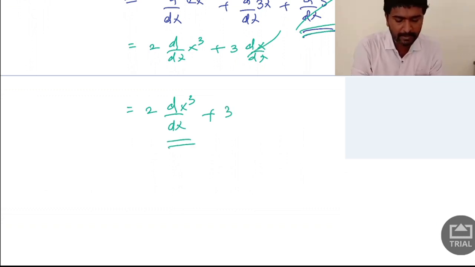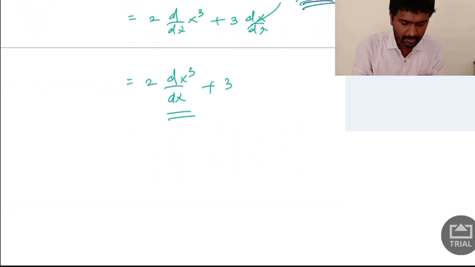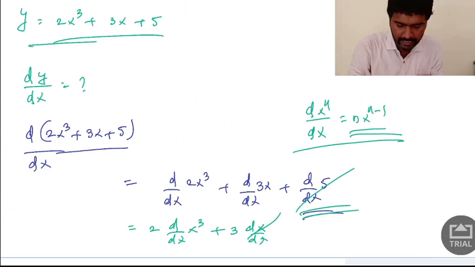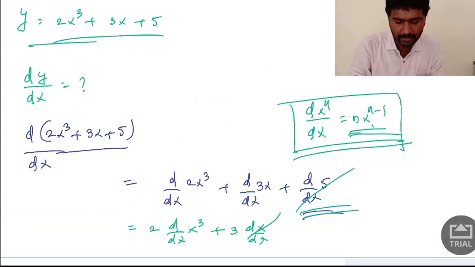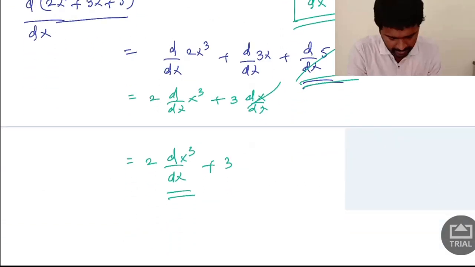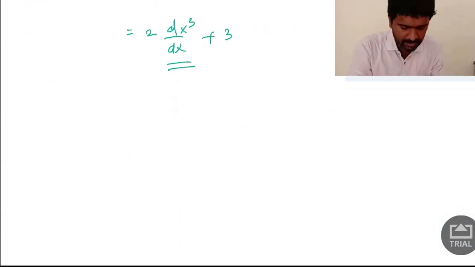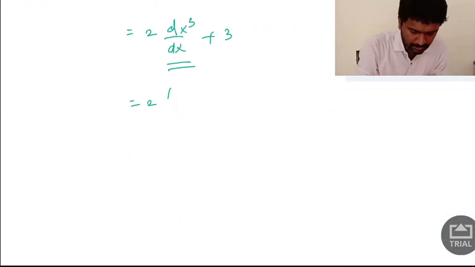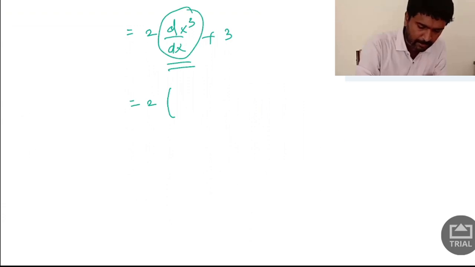Now let us see what is d by dx of x power 3. We have given that d by dx of x power n is n into x power n minus 1, and now d by dx of x power 3 will be, with n as 3, 3 into x power n minus 1.